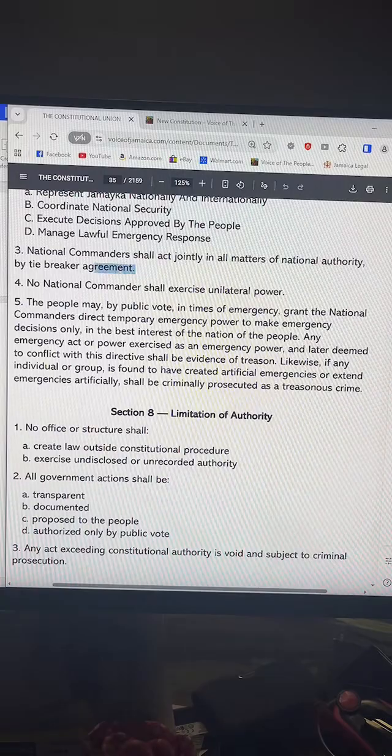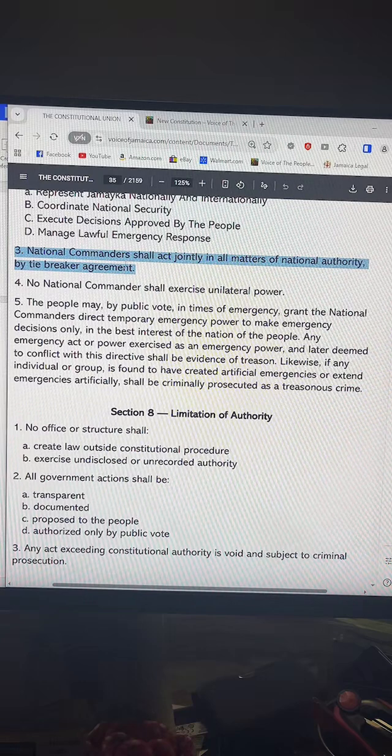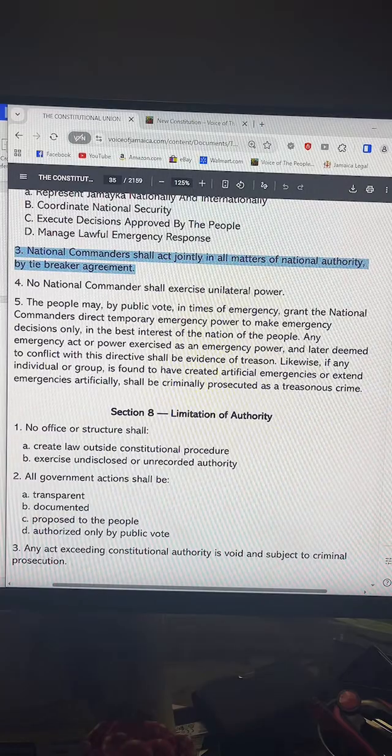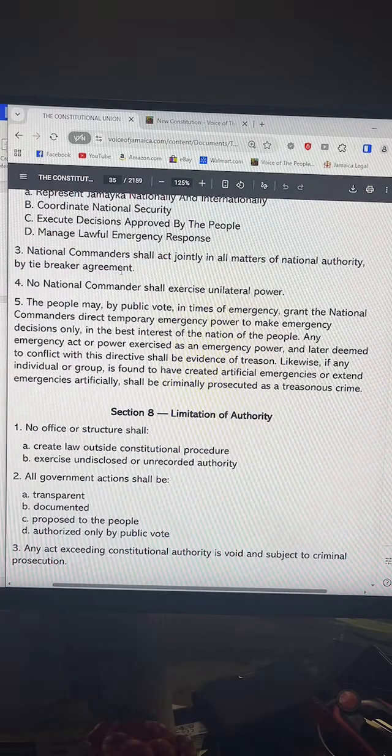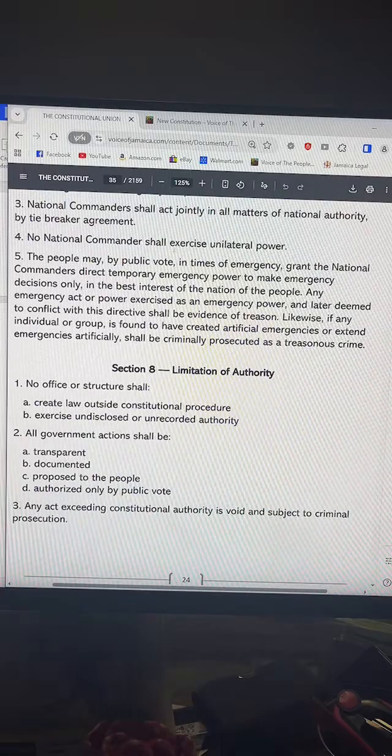And again, the reason why we have three is so that at least two will create a tie, and the extra one will cause the tiebreaker. So we will always have two saying yes or two saying no. No national commander shall exercise unilateral power.